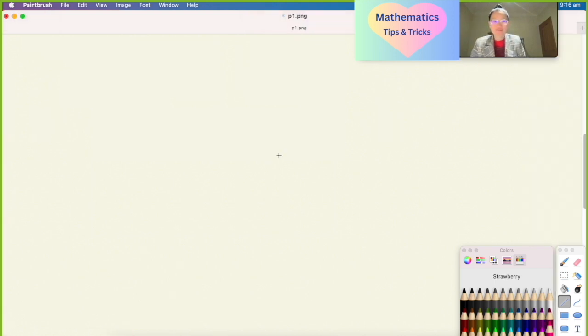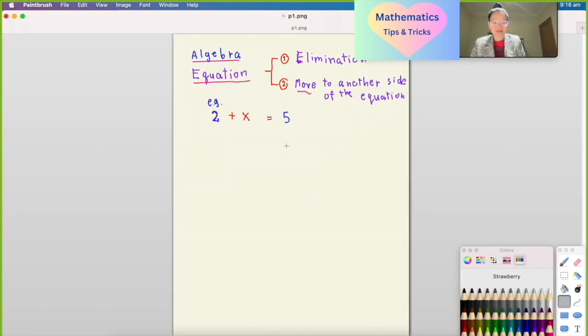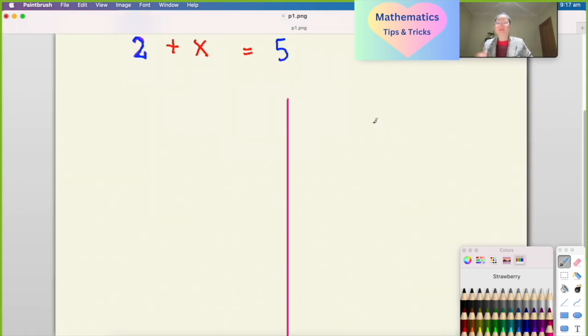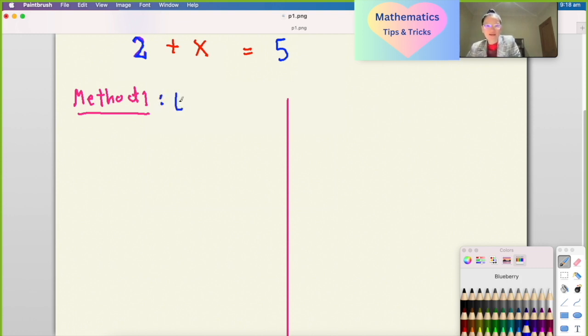Let me make it half from here. Guys, look at this one. Method 1 first, which is named elimination. Can you write down with me? Use your notebook and divide it into two parts.